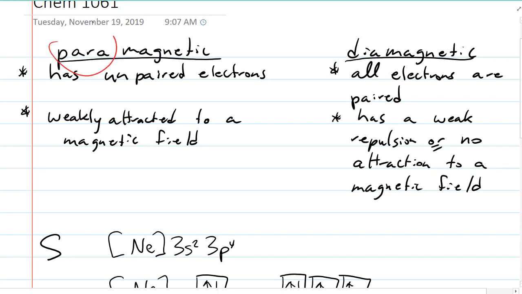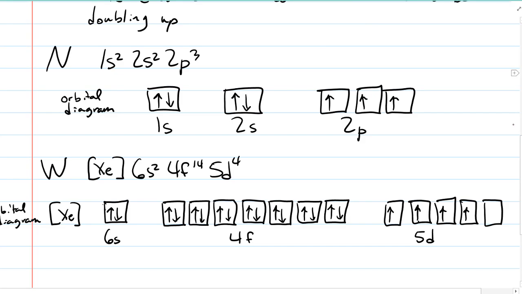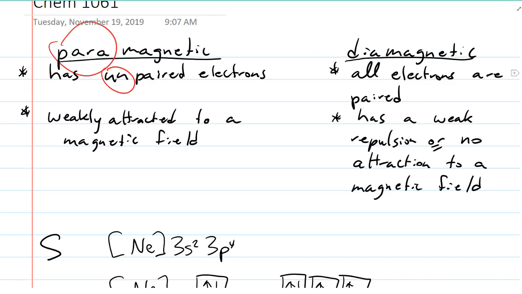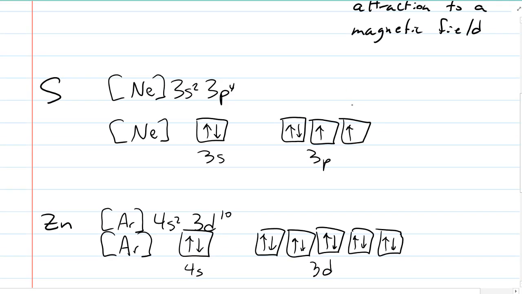So again, if it's paramagnetic, it has unpaired electrons. If we look at the nitrogen and tungsten that we did, we see that we have 3 unpaired electrons right here. If we look at the tungsten, we see we have 4 unpaired electrons right here. If we go to the sulfur, we see we have 2 unpaired electrons right here.